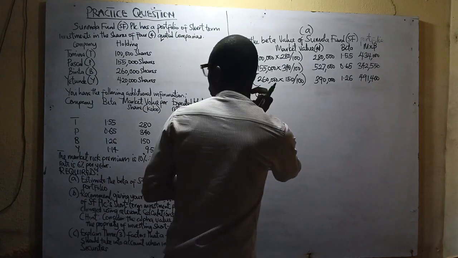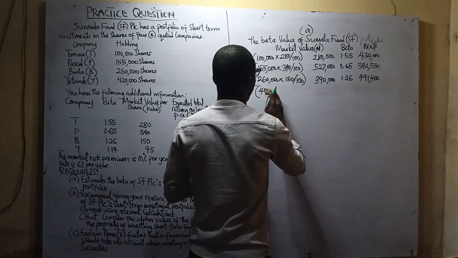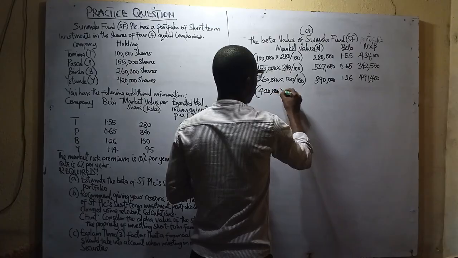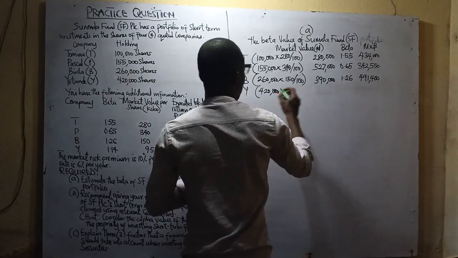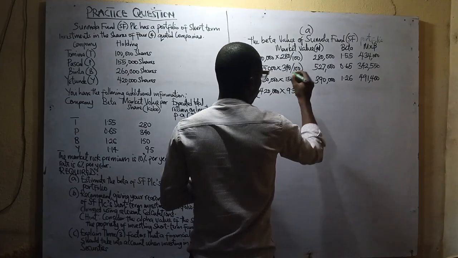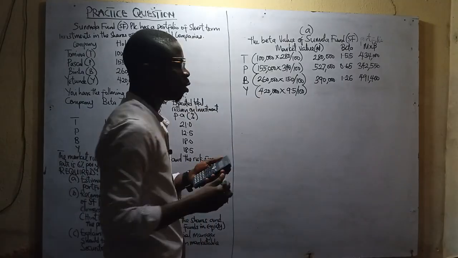So let's go to the fourth investment. How many shares do they have there? They have 420,000 shares times the market value, which is 9.5 divided by 100. Don't forget, the reason why we're dividing by 100 is because our market value is in kobo.